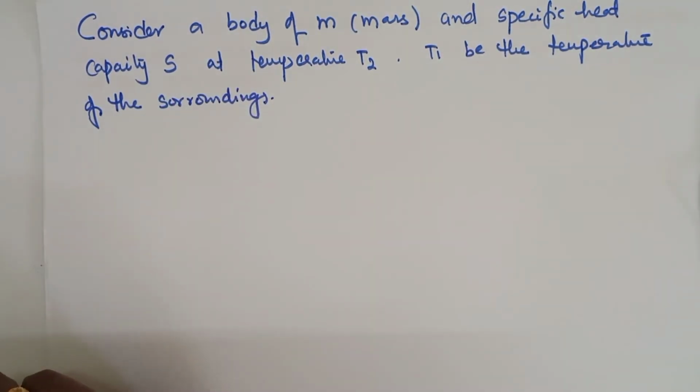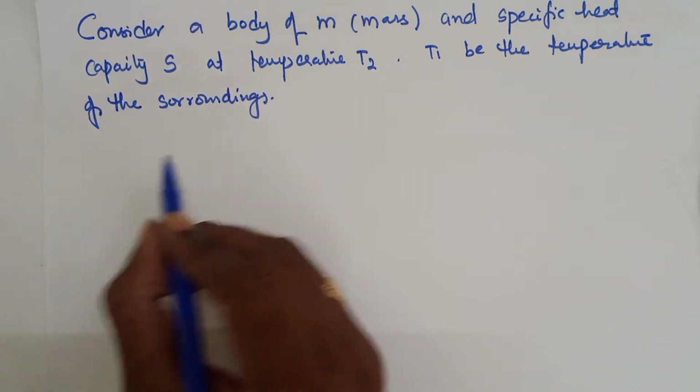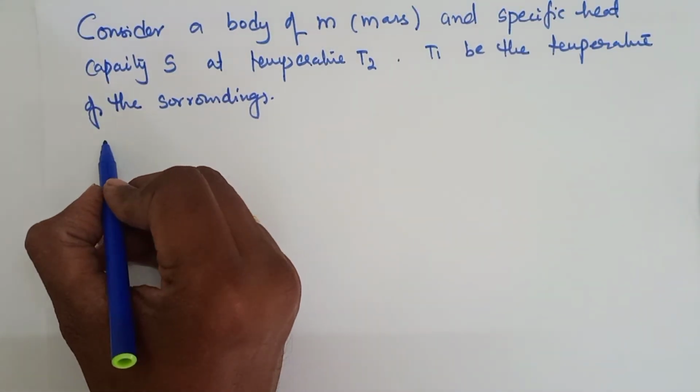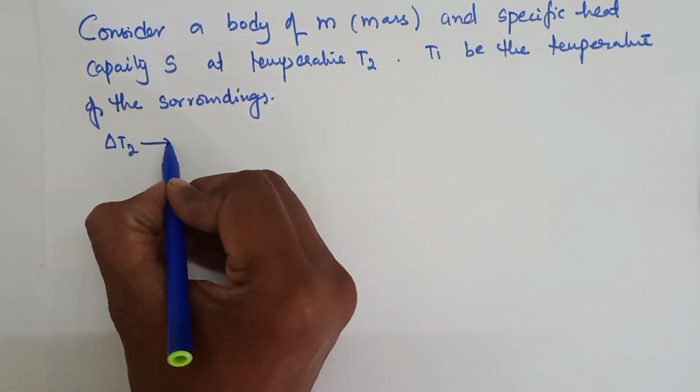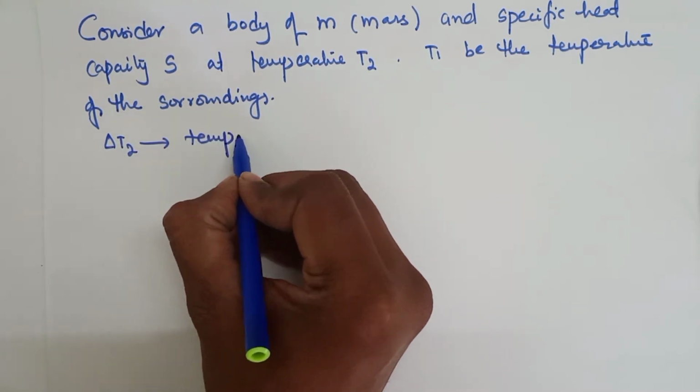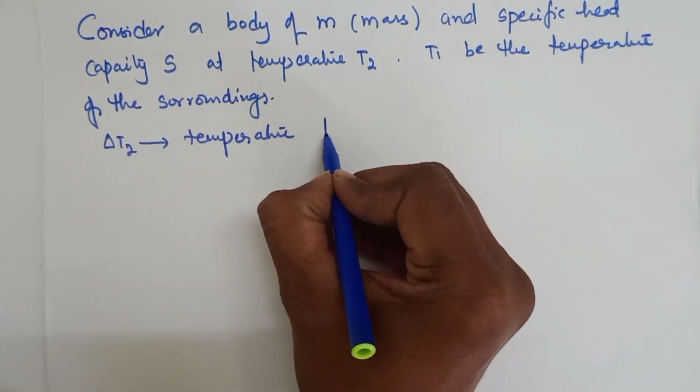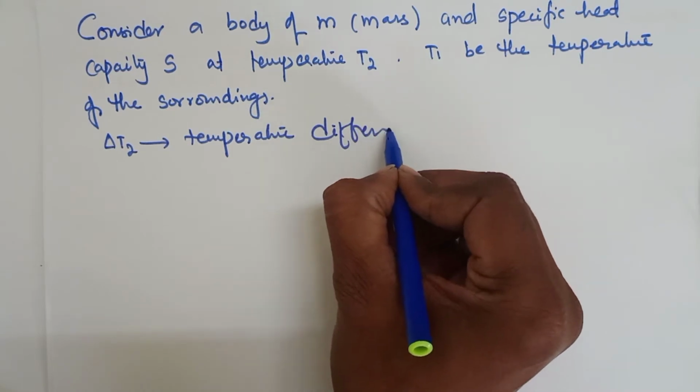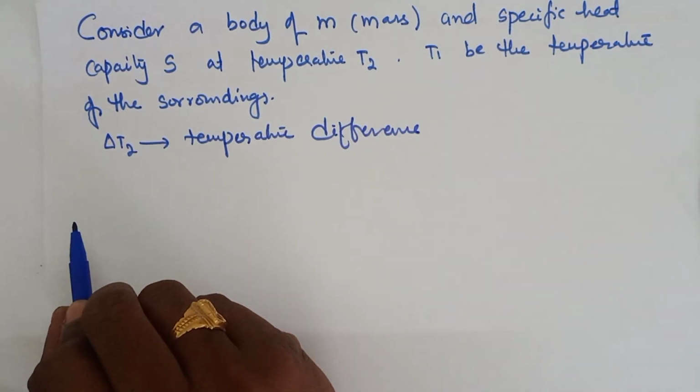T1 be the temperature of the surroundings. Now, dT2 is the temperature difference.